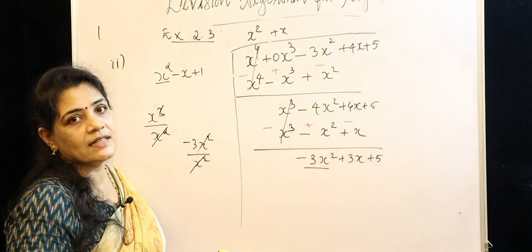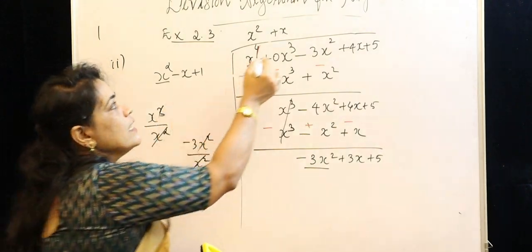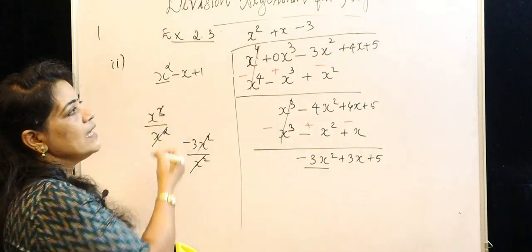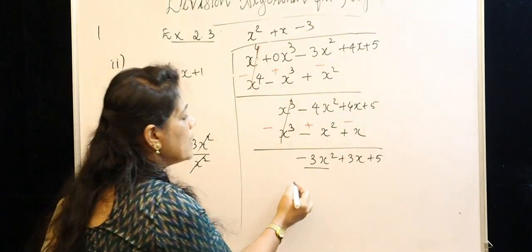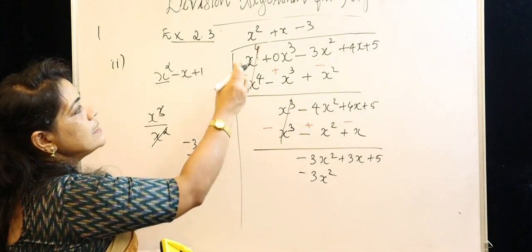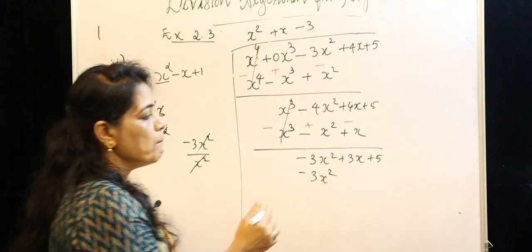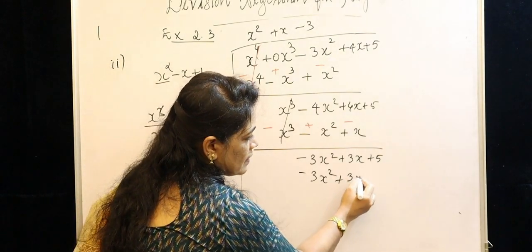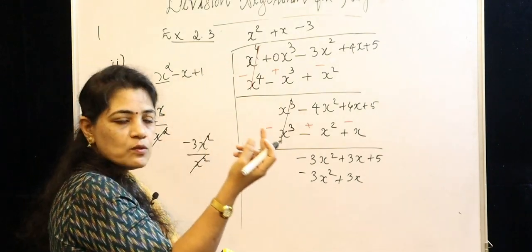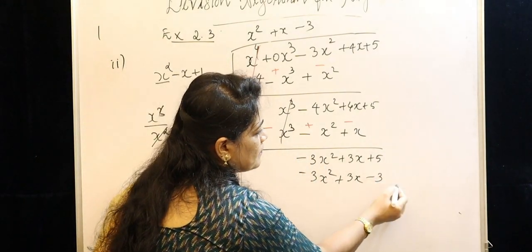Okay, minus 3x square. So we have minus 3 comes. Okay, so minus 3 into x square, minus 3x square, minus 3 into minus x, plus 3x, minus into minus plus, minus 3 into plus 1, minus 3.